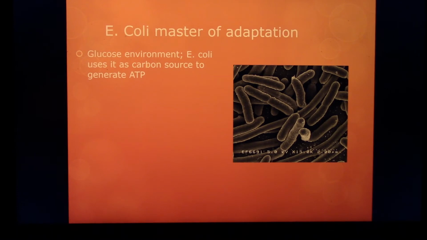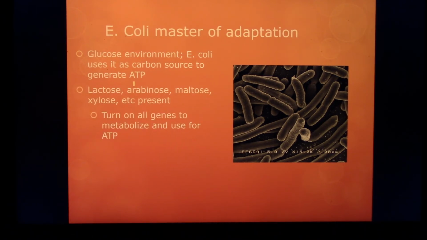Well, E. coli is actually going to be able to use that glucose as a carbon source to generate cellular energy called ATP. And it can also use other kinds of sugars, lactose from your milk, arabinose, maltose, xylose. Anyway, there's all sorts of different sugars from your food.